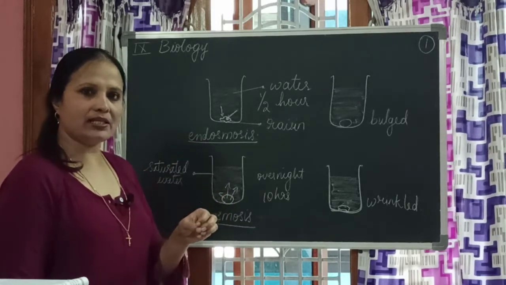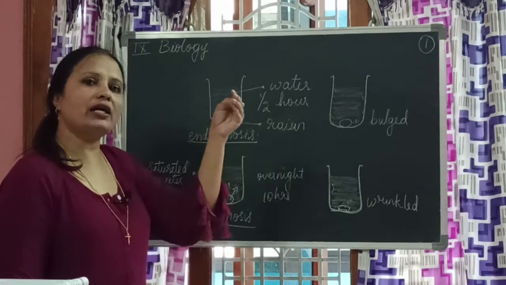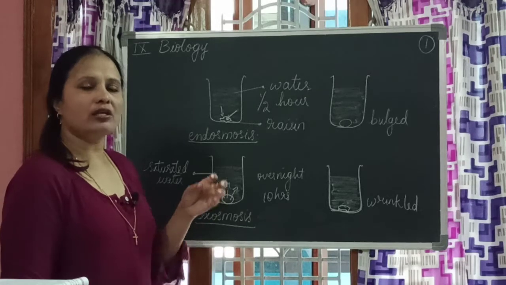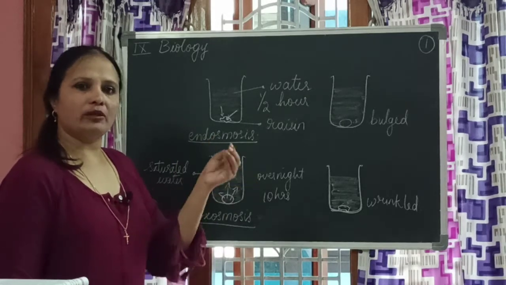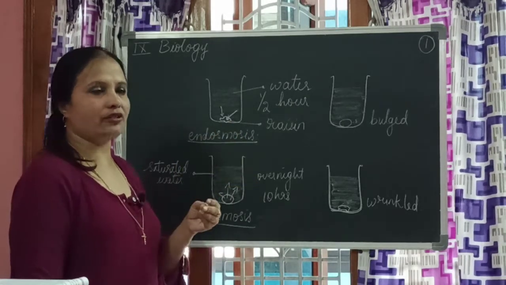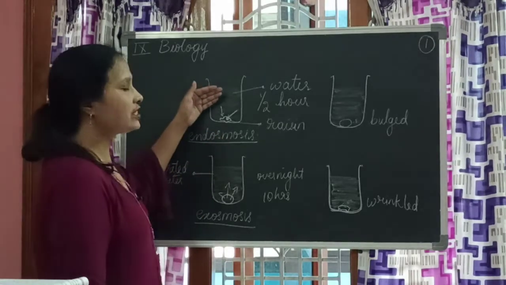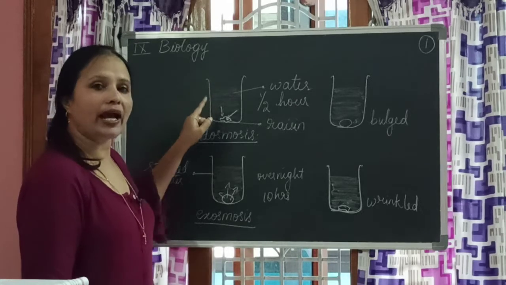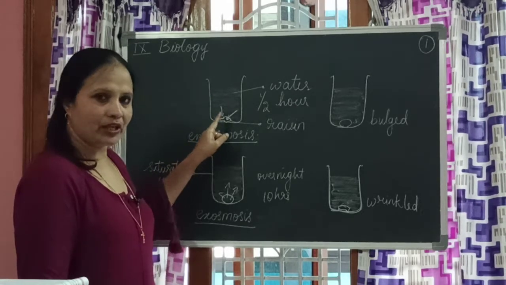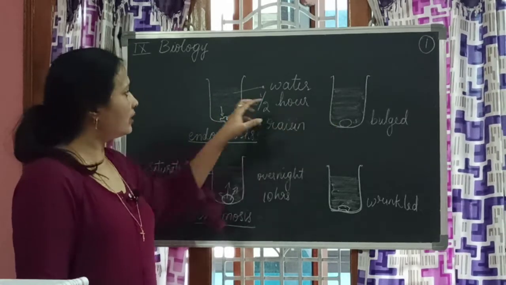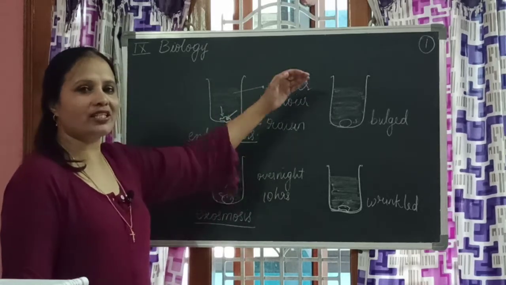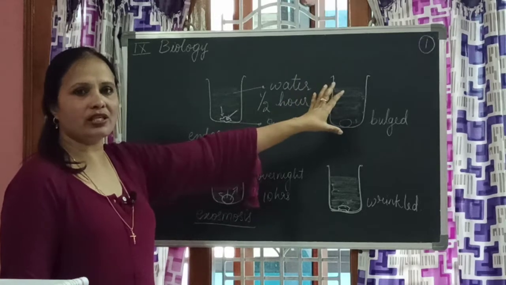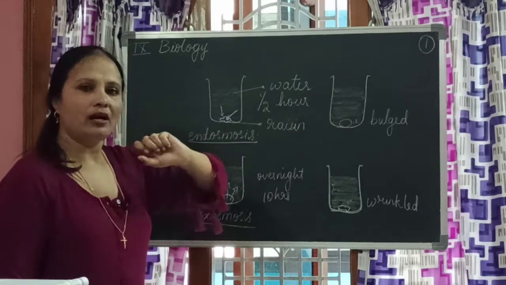It says that water molecules move from higher concentration to lower concentration. In the first beaker, the water concentration is more in the beaker and less in the raisin. So endosmosis took place. Water entered from the beaker into the raisin, and endosmosis resulted in the bulging of the raisin.